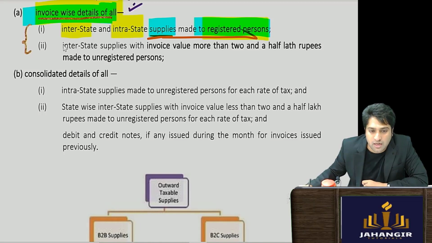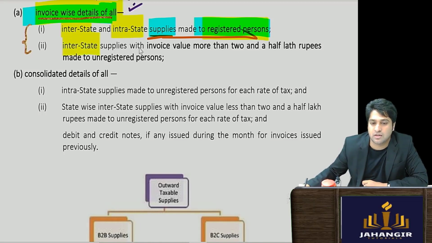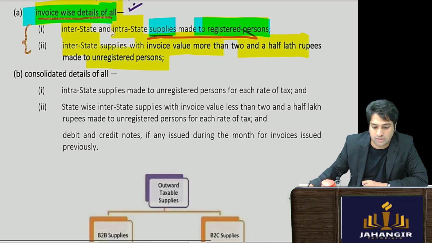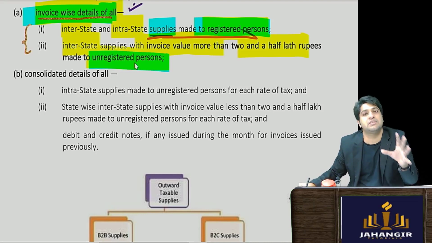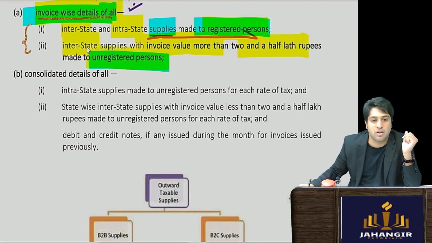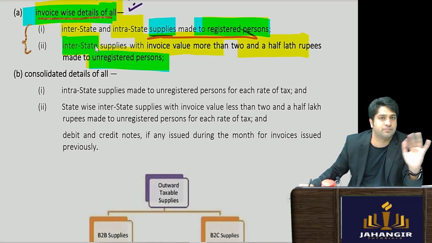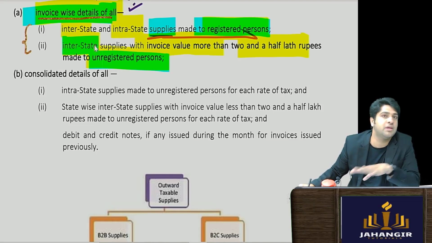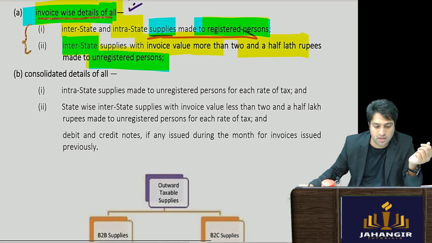And second, interstate supplies with invoice value more than 2.5 lakh rupees to an unregistered person. So even for unregistered persons, it is important to tell when it is interstate, from one state to another. But not every interstate sale has to be informed when I'm selling to an unregistered person.